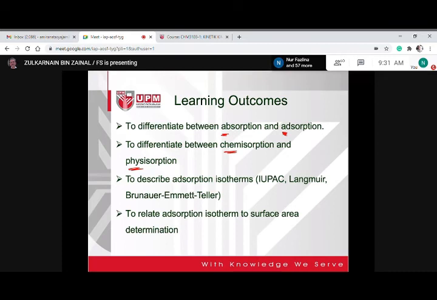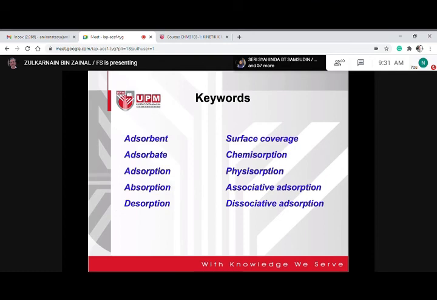To describe adsorption isotherms: the IUPAC adsorption isotherm, Langmuir adsorption isotherm, and Brunauer, Emmett, and Teller adsorption isotherm. And to relate adsorption isotherm to the surface area. Okay, so these are the terms that you should be familiar with for this topic.